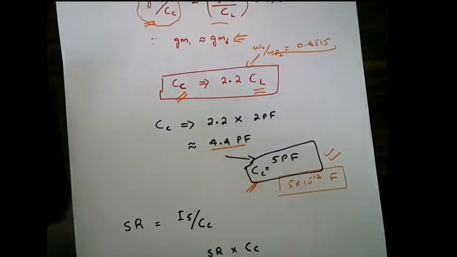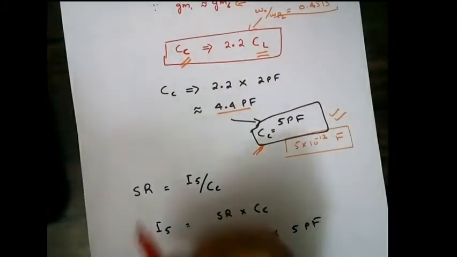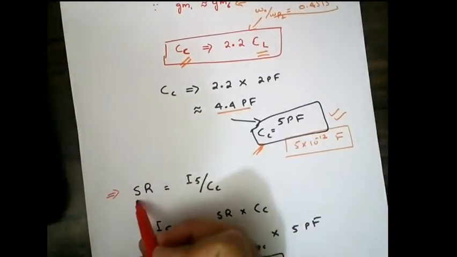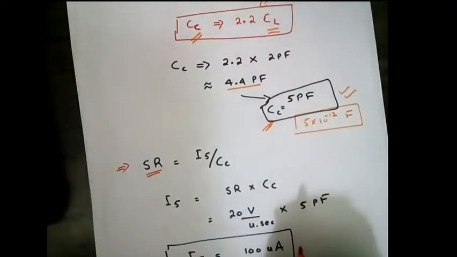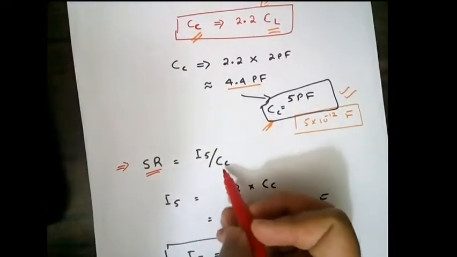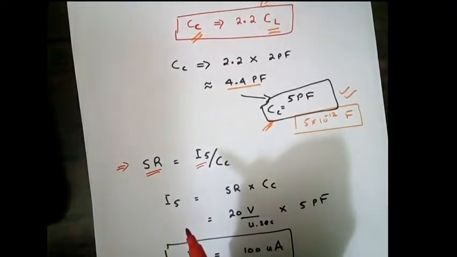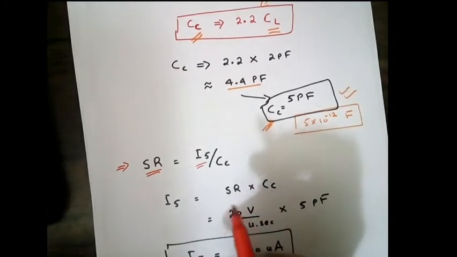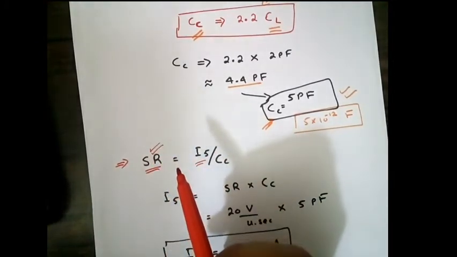So coming back, the next thing which we can find is basically from the slew rate. We defined the slew rate, we discussed in detail, and the slew rate for this two-stage amplifier came out to be I5 by Cc. I5 is the current moving through the M5, divided by the compensation capacitor. Now the slew rate is provided to us.